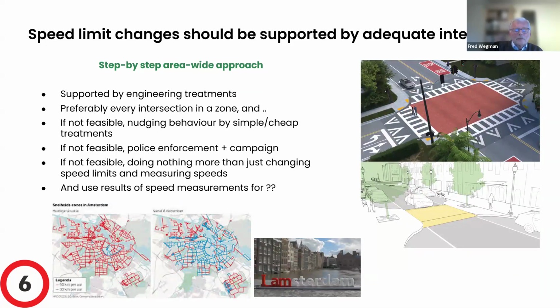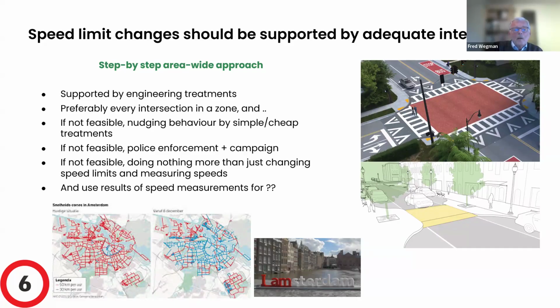We think about interventions on engineering treatments. And yes, that's a very good option, but it is costly. And that's the reason why, if you have a network where you would like to have lower speeds, how to do that? You can make it simple by doing nothing, or you can make it advanced by investing a lot. So that's a big issue in many investments. And here you see a couple of these approaches.